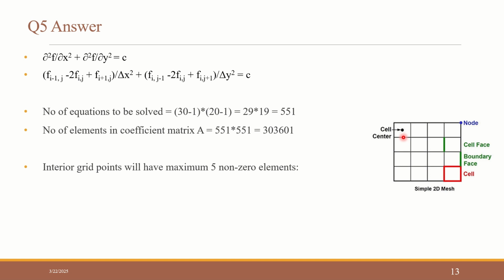I am talking about the innermost points. So the interior grid point will have a maximum of 5 terms present, and the chance of 5 points to be non-zero is there.